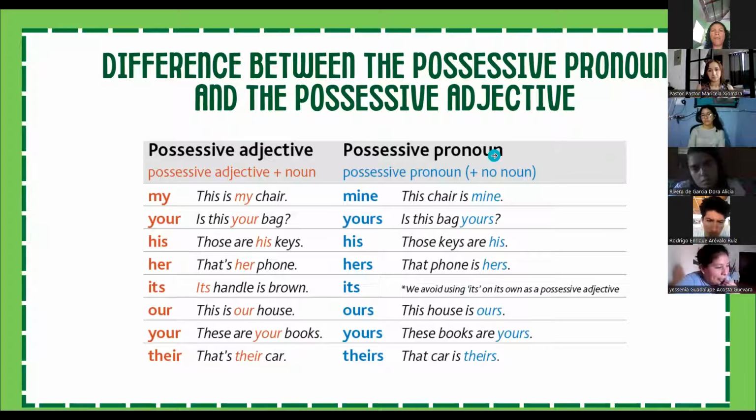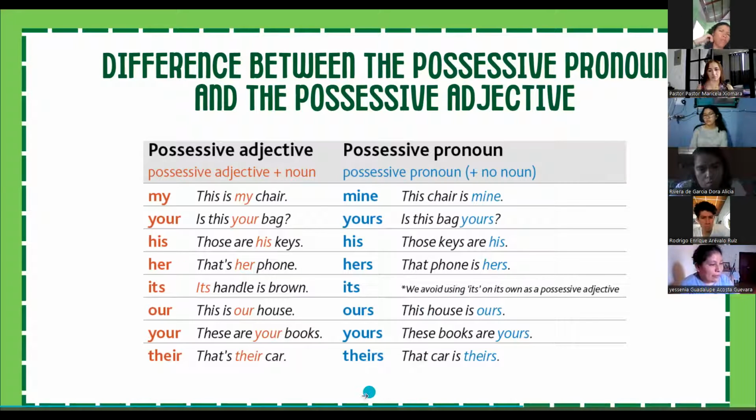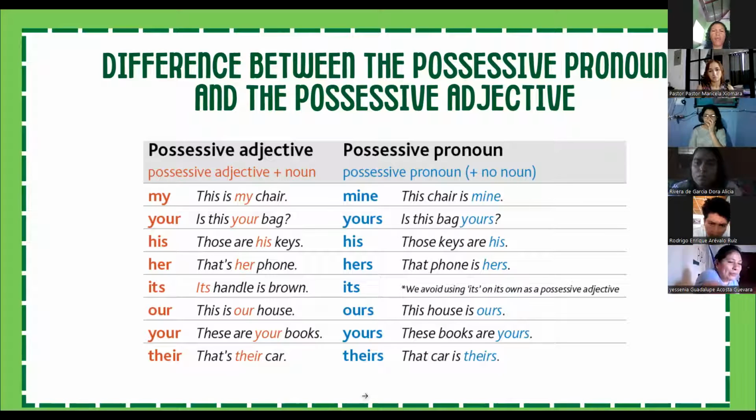Because there is no possessive pronoun for it. It's like a grammar rule. It's not valid. There is only a possessive adjective. Ah, ya. Okay. Any other questions? No more questions?